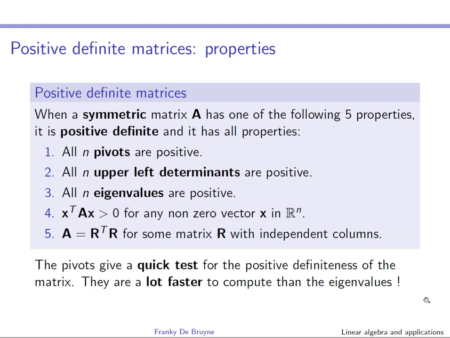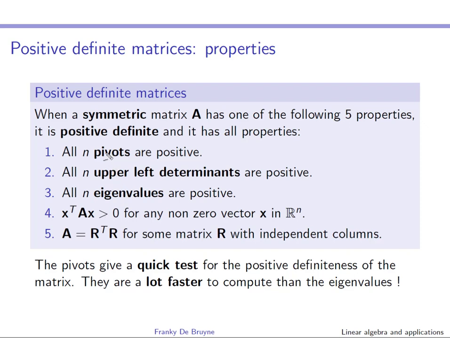We have seen in the course Linear Algebra and Applications, part of the teaching unit Advanced Control 1, that a positive definite matrix is a matrix for which this quantity x transpose A x is positive for any non-zero vector x, right?